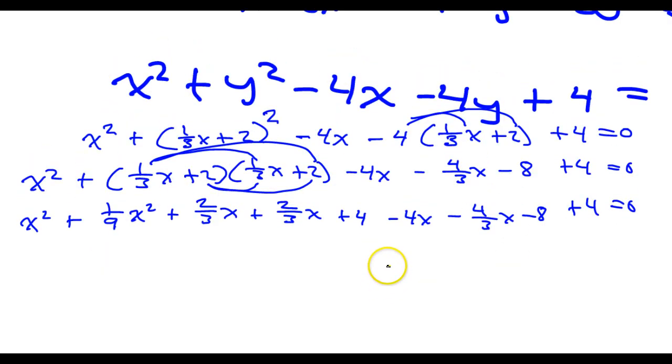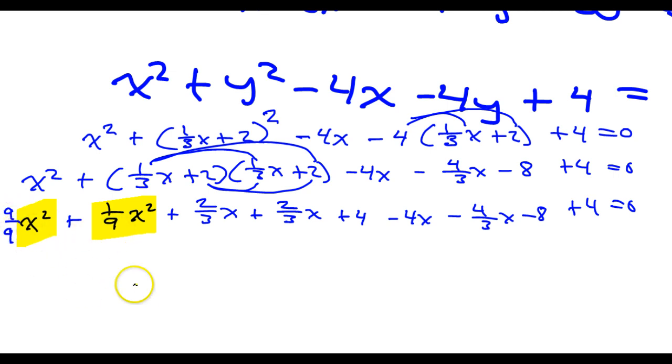So, time to combine like terms. So I've got this x squared and 1/9 x squared. You can think of the x squared as 1 x squared, or better yet, since we need common denominators, you can think of this x squared as 9/9 x squared. Do you get it?